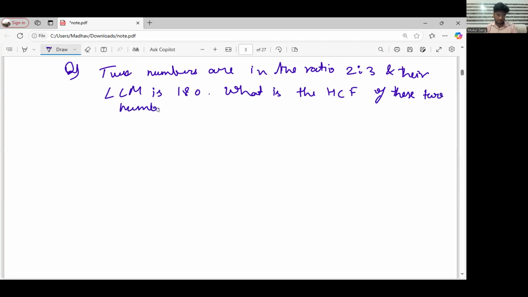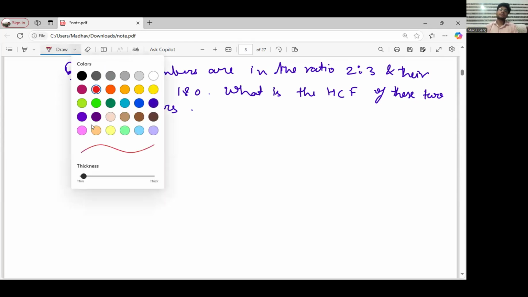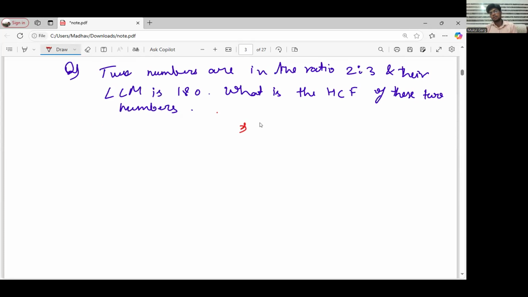Look, the ratio between the two numbers is given as 2:3. It means, let the numbers have a common factor x. So the numbers are 2x and 3x.